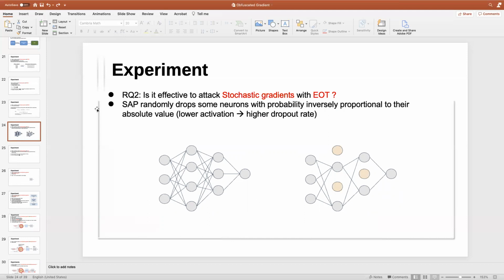So for stochastic activation pruning, during test time, it randomly drops some neurons with probability inversely proportional to their absolute value, which means the lower the activation value is, the higher the dropout rate. So they think if the activation value is high, then this neuron is relatively more important.